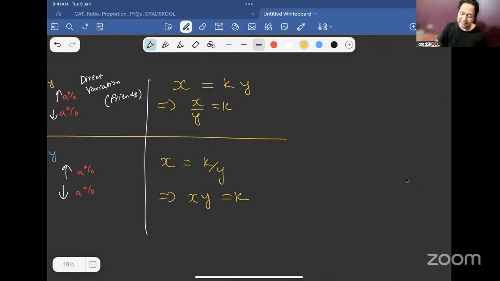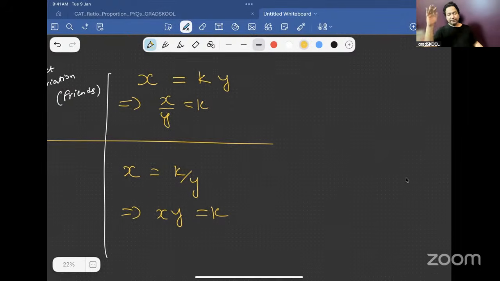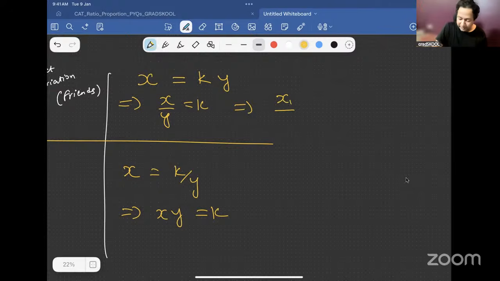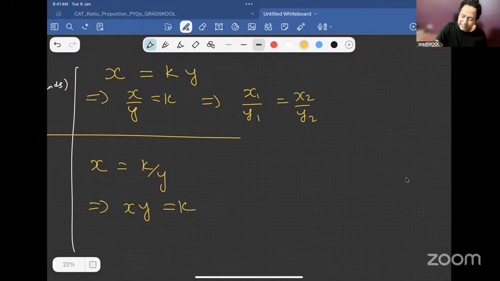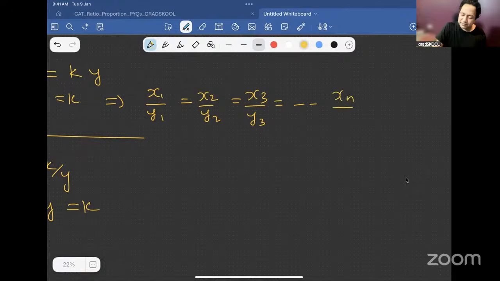Now, having said that, as I told you, X and Y are variables while k is a constant. So variables can take multiple values, right? So it is possible that X becomes X1. If X becomes X1, Y will also change. Y becomes Y1. If X becomes X2, Y becomes, let's say, Y2. If X becomes X3, Y becomes Y3, and so on up to, let's say, X becomes Xn, Y becomes Yn.